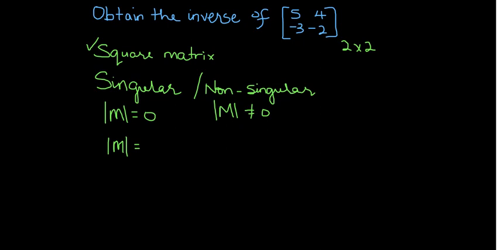So the determinant of a matrix M is AD minus BC. So can you all determine for me the value of the determinant for the matrix that we want to get the inverse of here? So I'll give you all a minute. See if you could work that out.